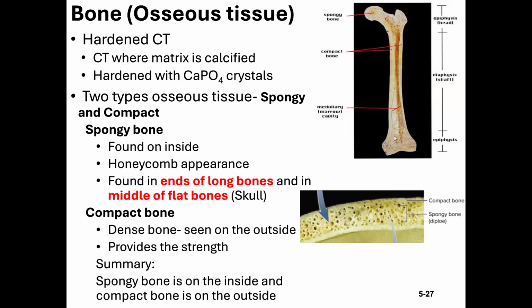You can see at the end, there is spongy bone. This is spongy bone. It's on the inside. Compact bone is seen on the outside. So this outer layer is compact bone. The compact bone is providing the strength.